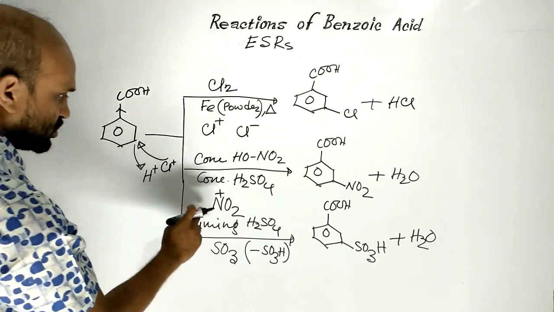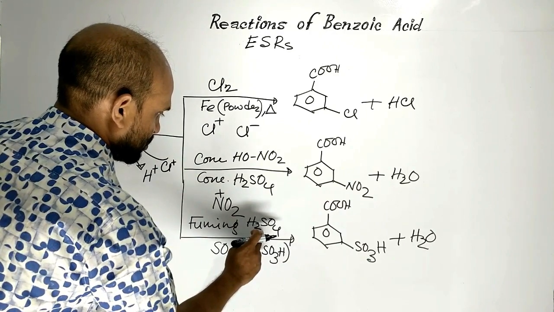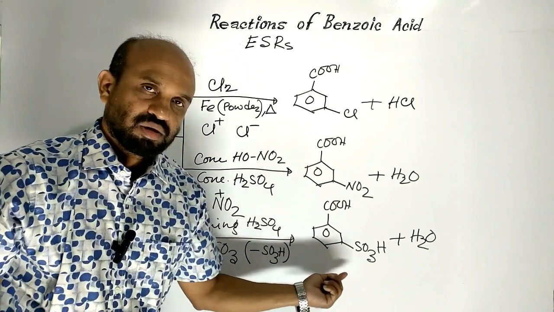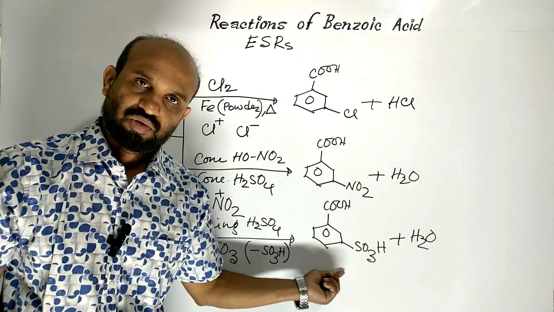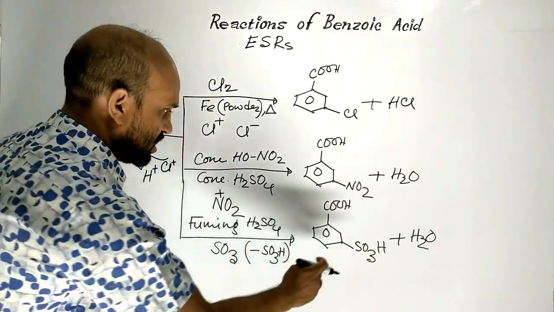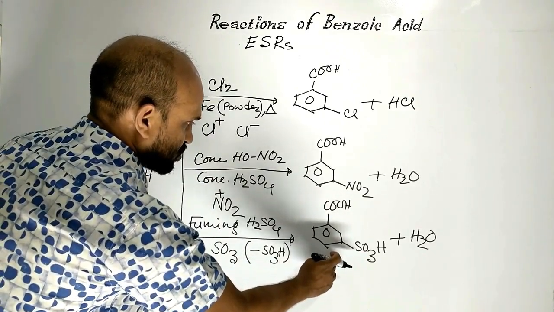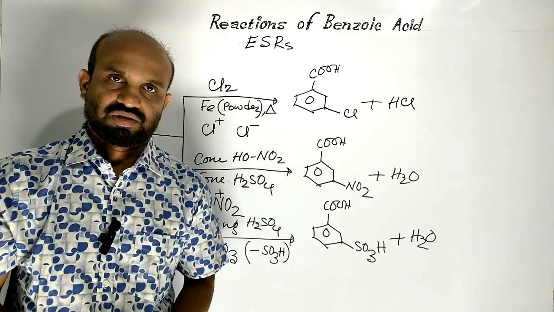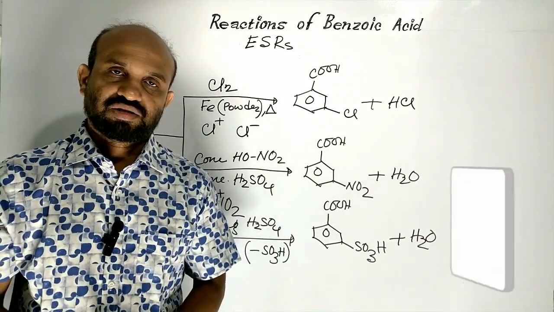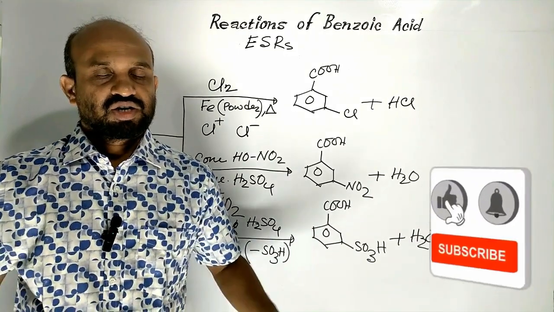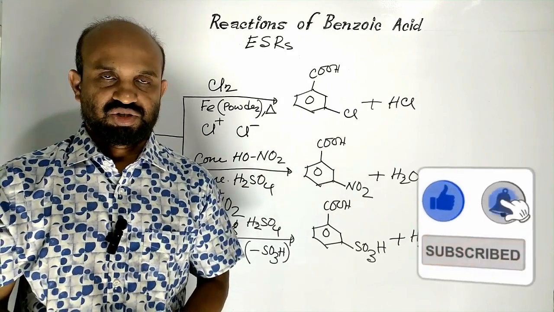Benzoic acid is treated with fuming sulfuric acid. Then metasulfobenzoic acid is formed. That is, here as well, electrophilic substitution occurs. These are the reactions of benzoic acid. Electrophilic substitution reactions of benzoic acid.